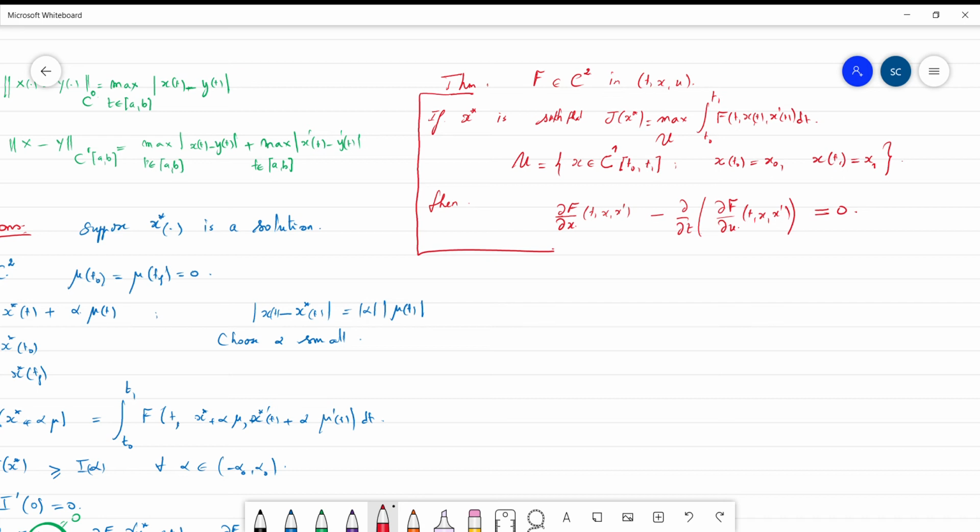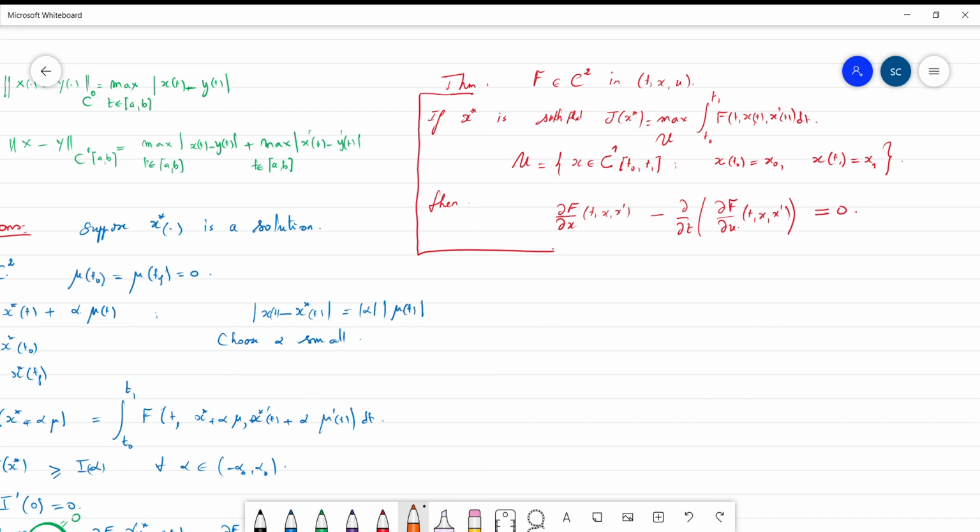There is another theorem that tells us whether it is global: if we have a candidate point and we have convexity of f, then we can say that we found the maximum.